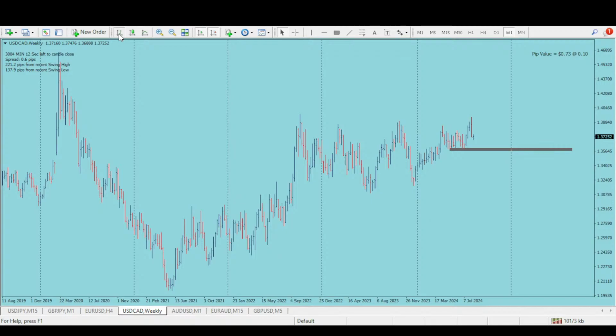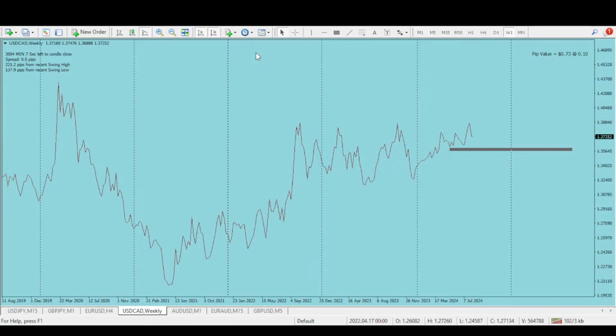When we use line chart, it can give us the swings. Okay, this is an accurate swing here. So we come here again, we check the other swing. Okay, we have a swing here. This is a swing high. This is on weekly.